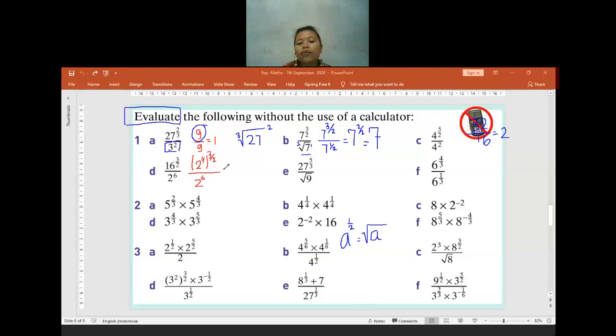We have 2 to the power of 4, get another power of 3 per 2, we can simplify it to become 2 to the power of 6, right? 2 to the power of 6 divided by 2 to the power of 6, the answer will be equal to 1.